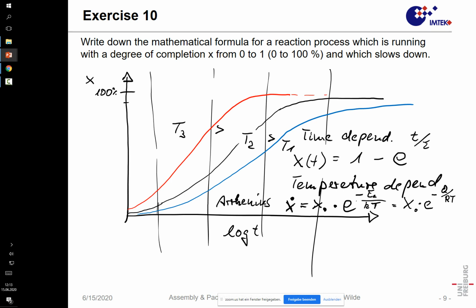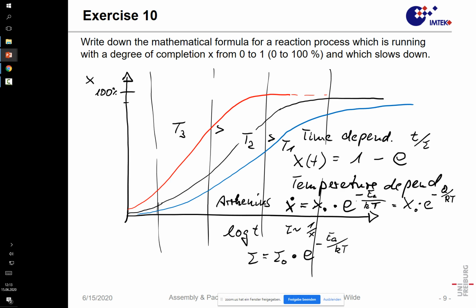Now, as the time constant is proportional to the inverse of the x, we can say the time constant becomes shorter with higher temperature. So the time constant is tau 0 times e to the power of minus EA divided by kT.